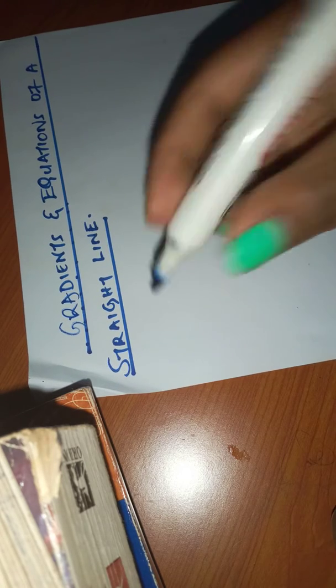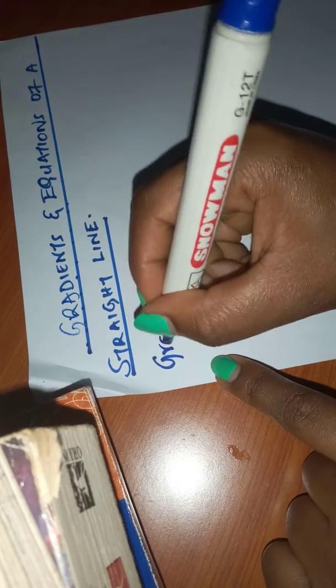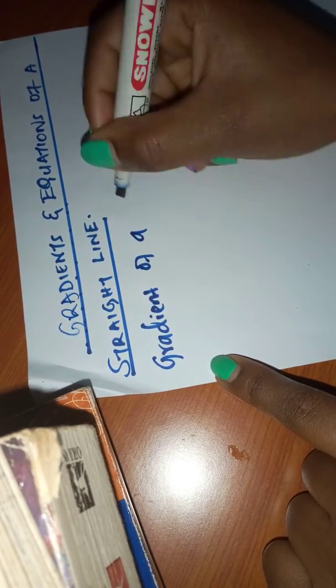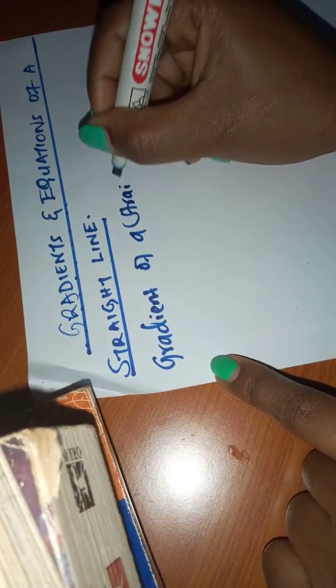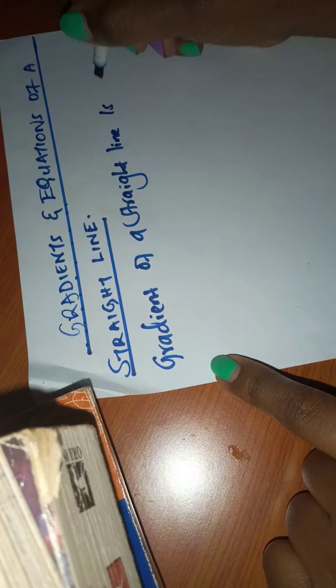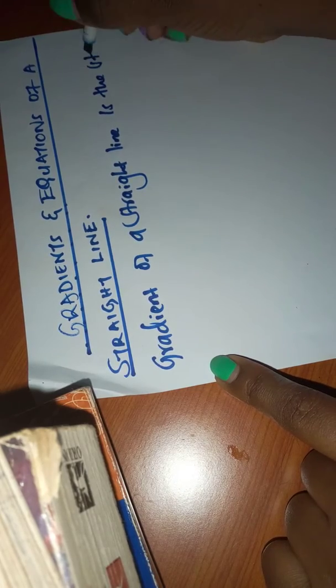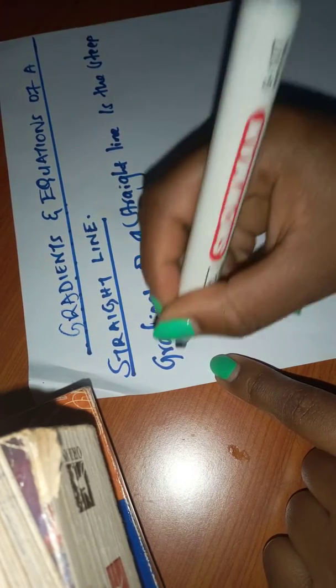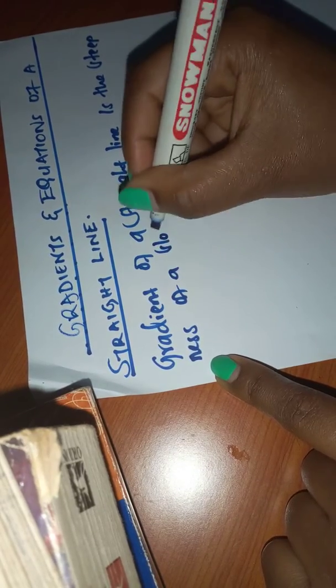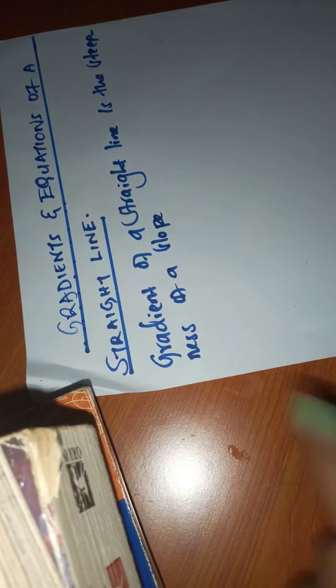And the gradient of a straight line is the steepness of a slope. How steep is the slope?